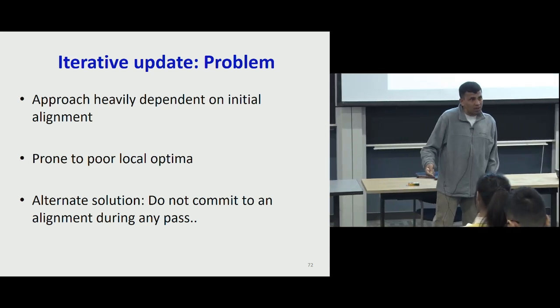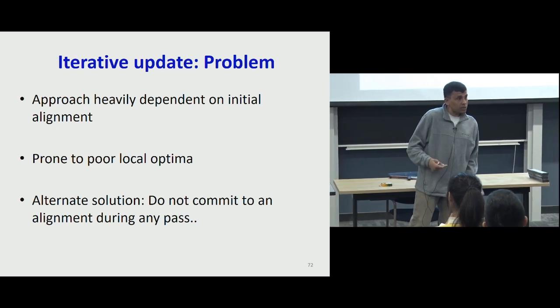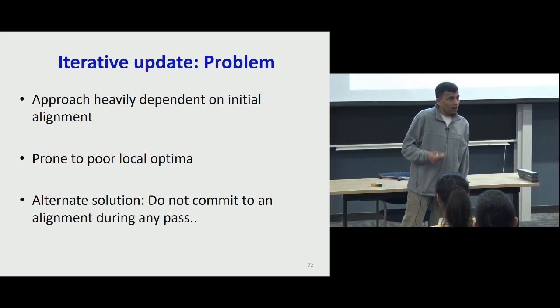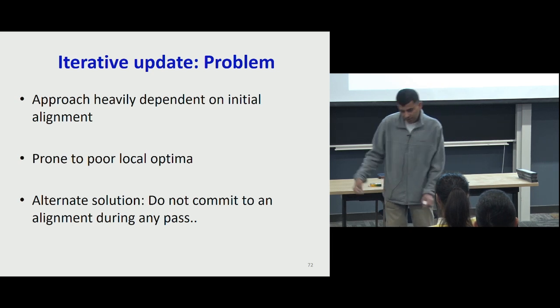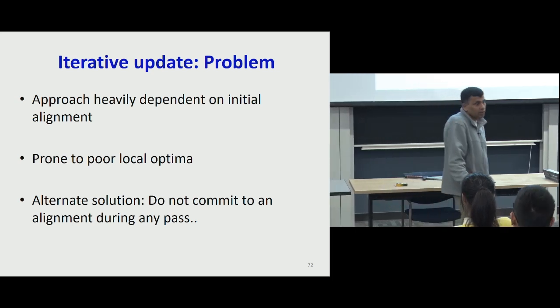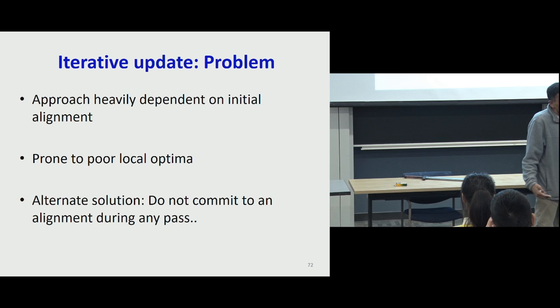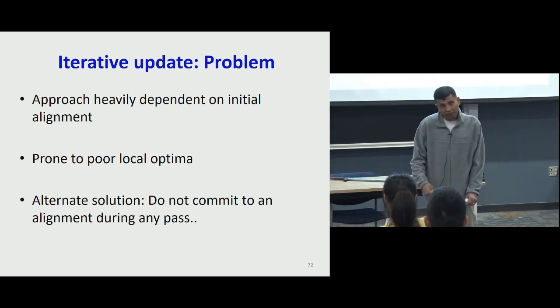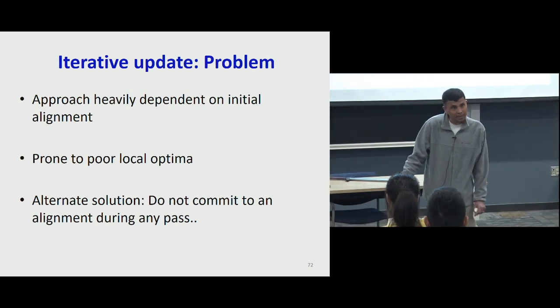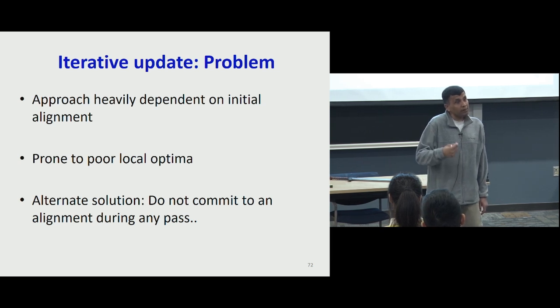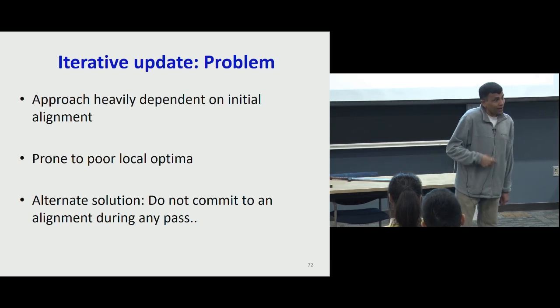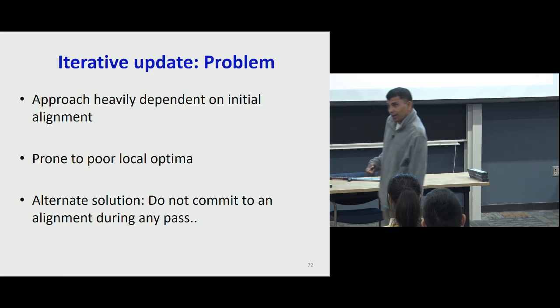So solution, I don't want to commit to an alignment. When I actually choose an alignment, I'm saying this is the alignment, and then I'm training a model to that alignment. Then I'm using that trained model and finding a new alignment and saying this is my alignment. And at each point I'm committing to an alignment and I'm training for that alignment, right?